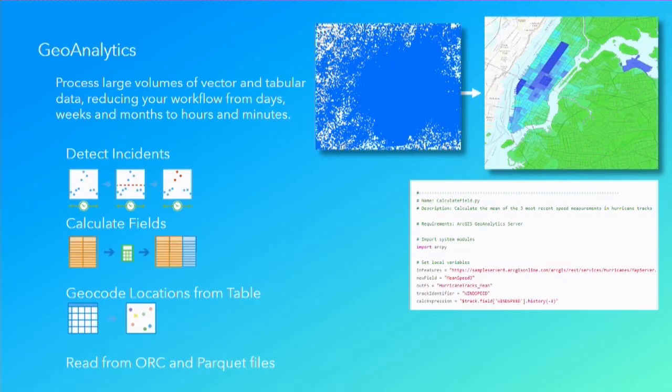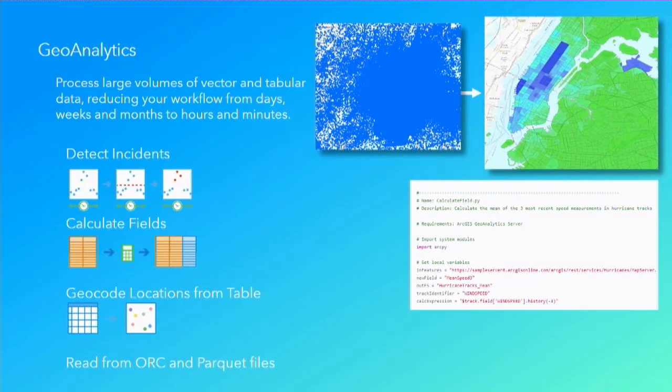Calculate Fields is a tabular analysis, allowing you to summarize or average your different fields and then provide that in a new table, as well as Geocode Locations, which is batch geocoding geoprocessing.